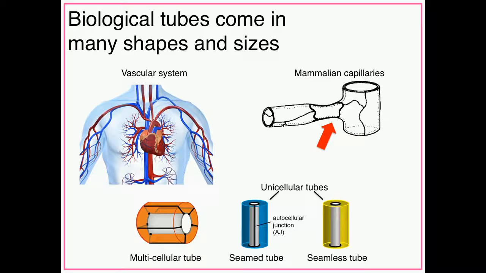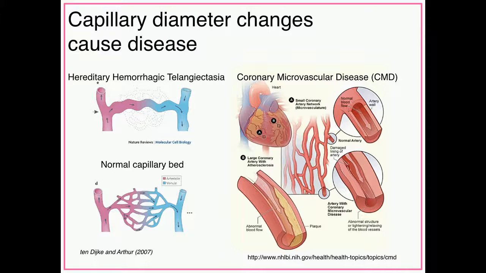Because these tubes are so tiny, and because they have this unusual junction structure, there might be some really interesting biology involved in allowing these tubes to achieve and maintain their shapes. I'm interested in what those are. And this is a really important question, because loss or abnormality of capillaries is associated with stroke and hemorrhage, and constricted capillaries is linked with heart disease.